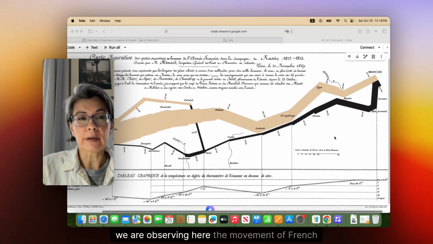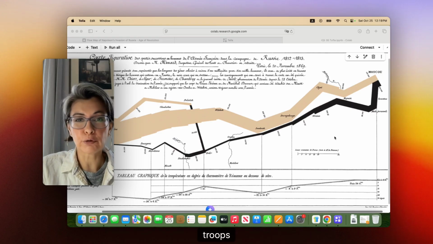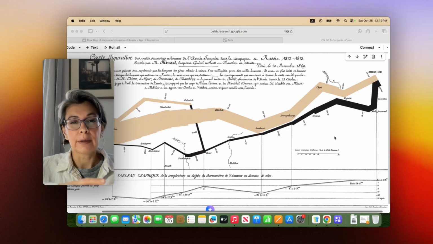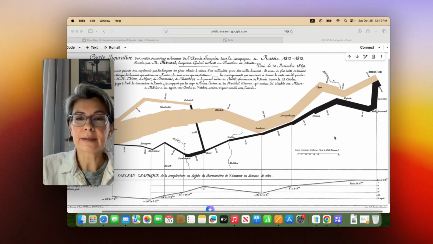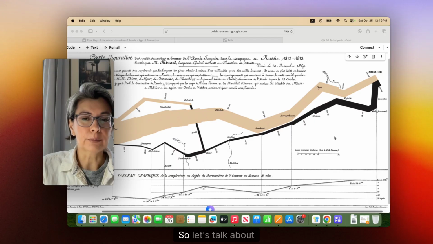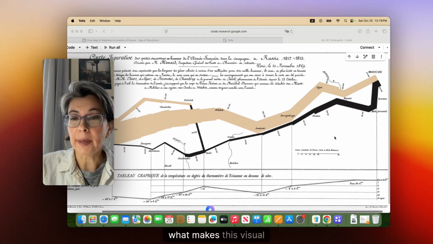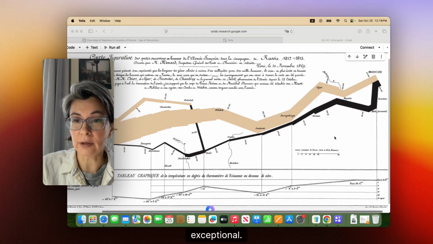We're observing here the movement of French troops both in space and in time. So let's talk about what makes this visual exceptional.